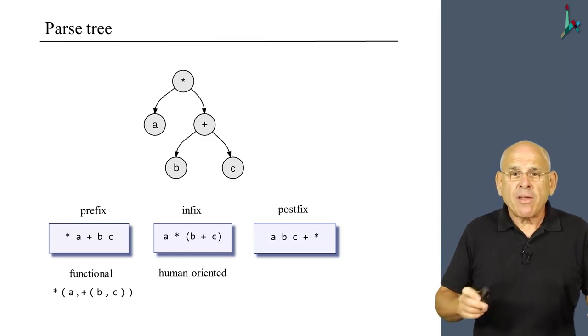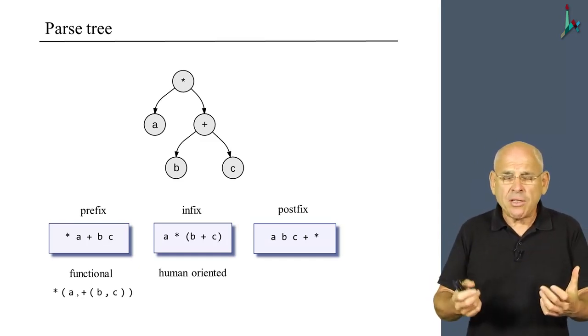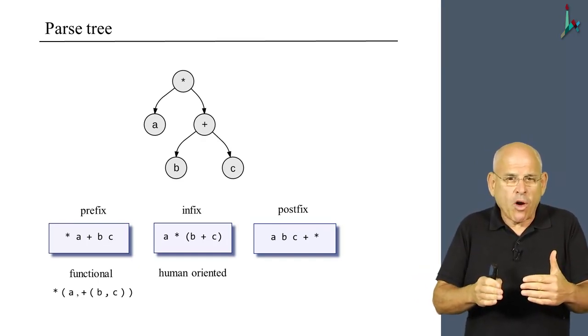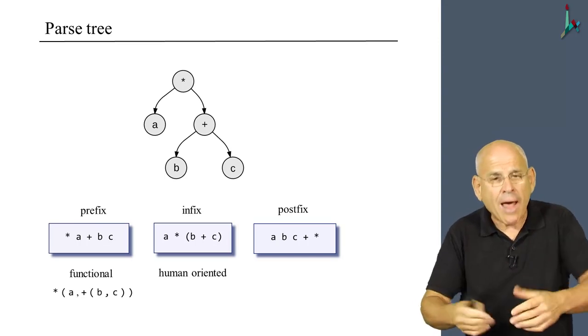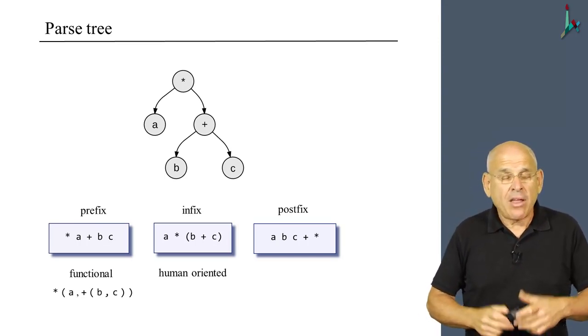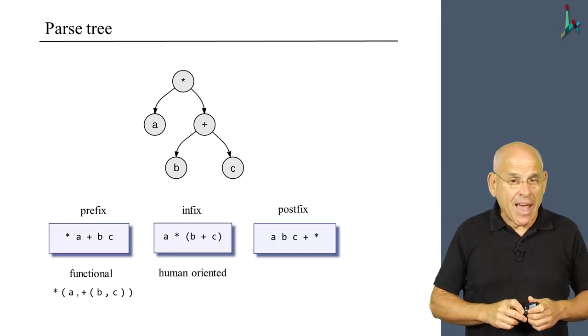Finally, we also have something called postfix notation. In the postfix notation, we first list the arguments on which we want to operate, and then we call up the operator that has to be applied to the previously stated operand values.